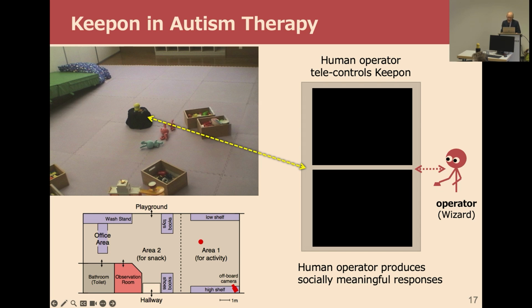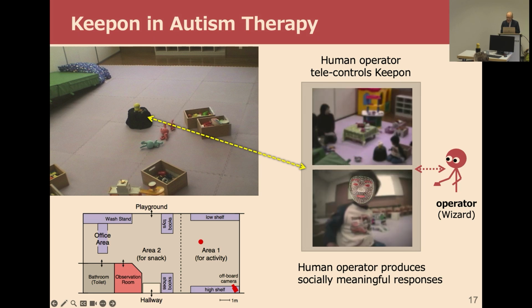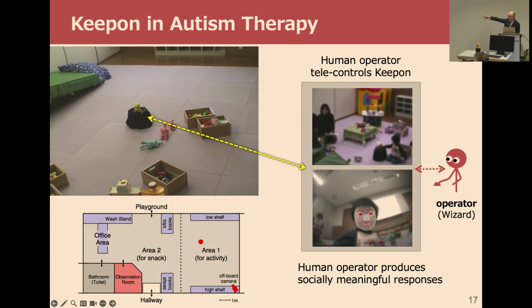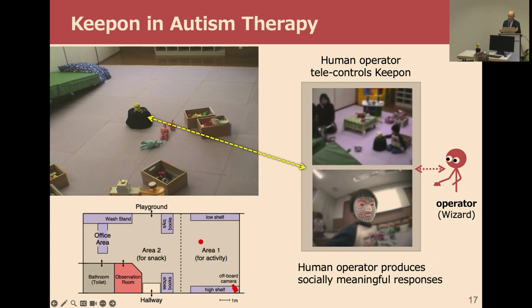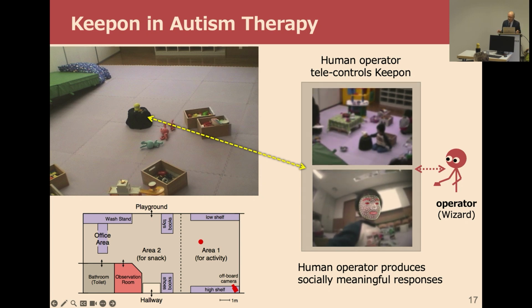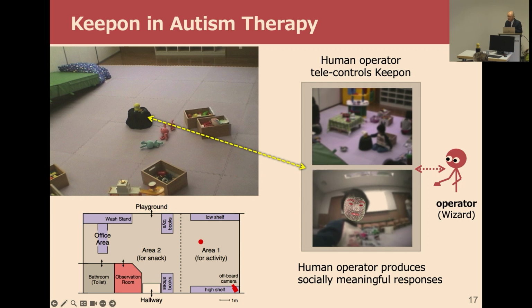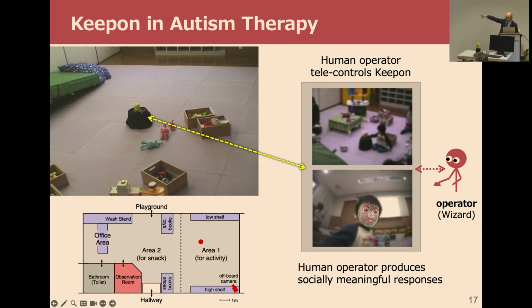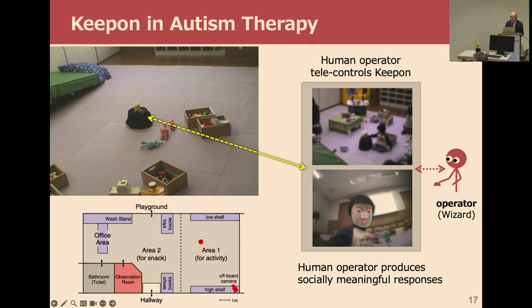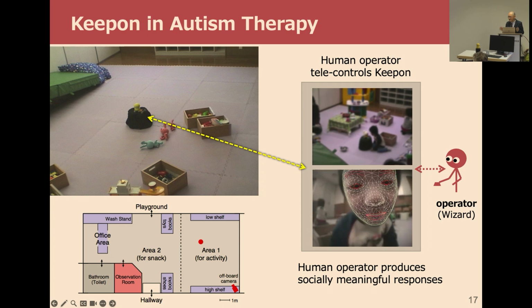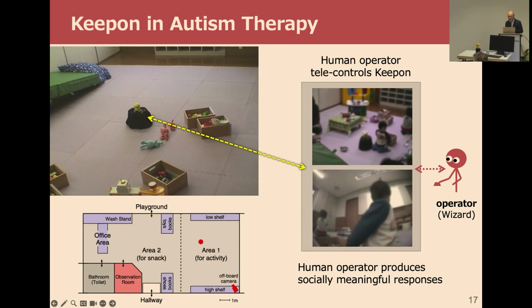Looking at the image from Keepon's eye camera and also the ceiling camera, the operator controls Keepon's body motion for showing attention or emotion in real time by using the mouse and keyboard. We also recorded those two video streams for detailed behavioral analysis. So it's a qualitative analysis.